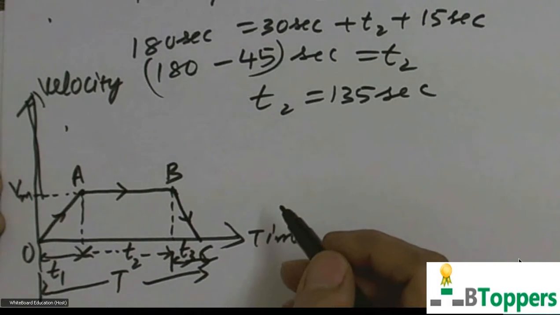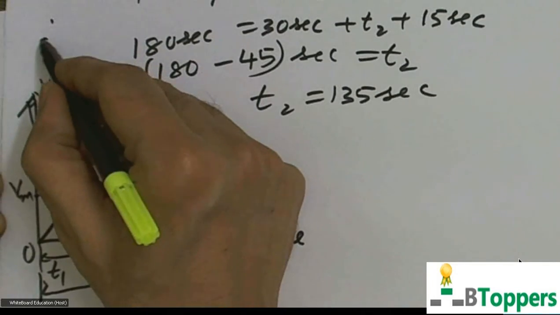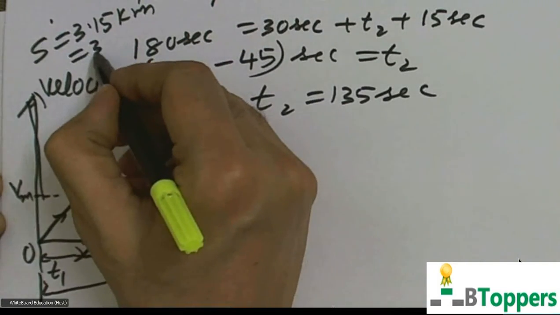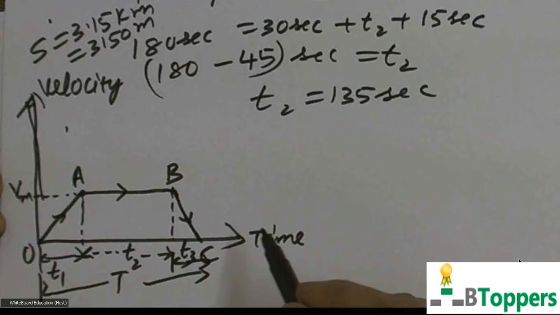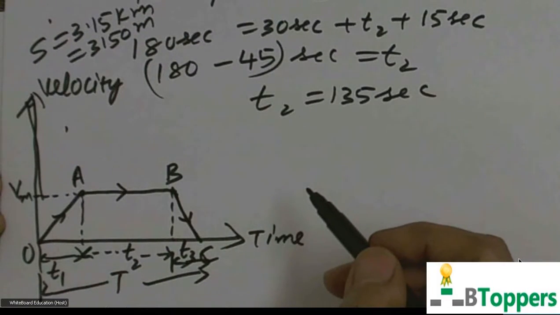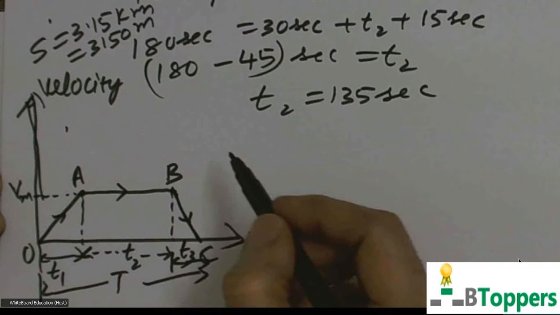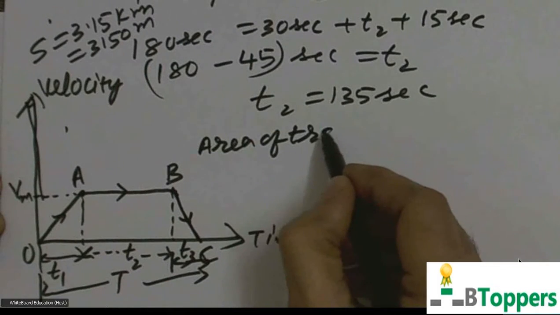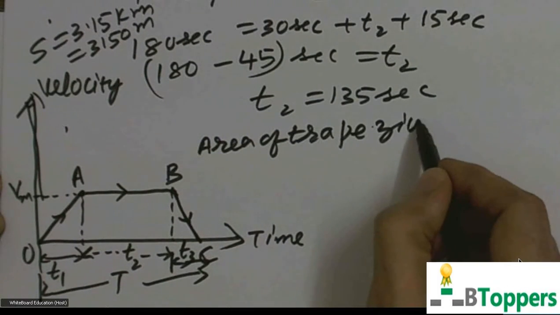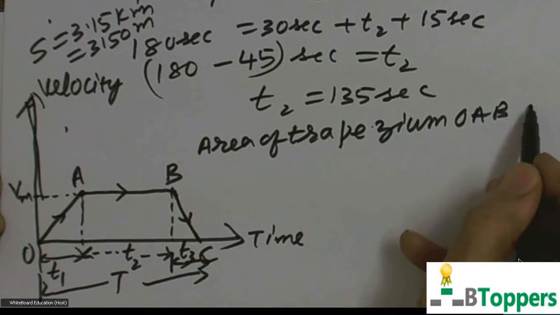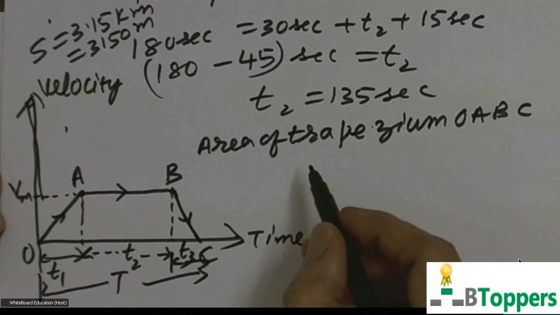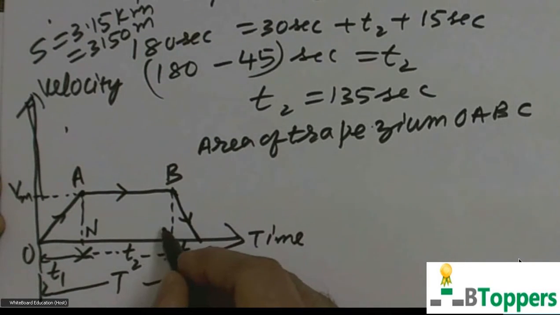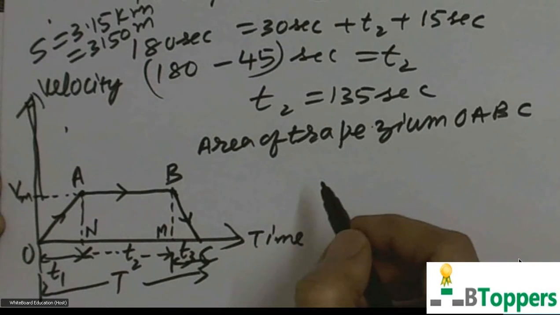Area under the velocity time graph and time axis gives the total displacement. In the given problem, total displacement is given to be 3.15 kilometers. So that comes out to 3150 meters. So the area of the trapezium OABC is half into the sum of the parallel sides multiplied by the perpendicular distance between the parallel sides.